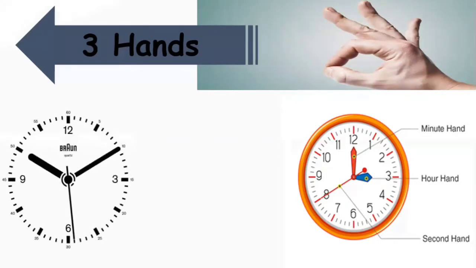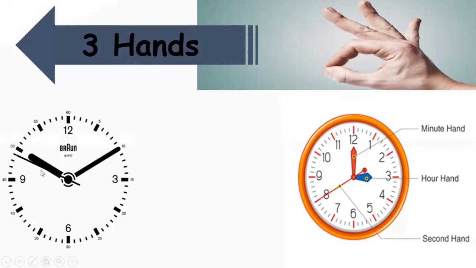Now, if you want to calculate how many seconds you took to complete one fill in the blanks in your exam, then you should observe the second hand. Now, here in this image, we can see the second hand moving.